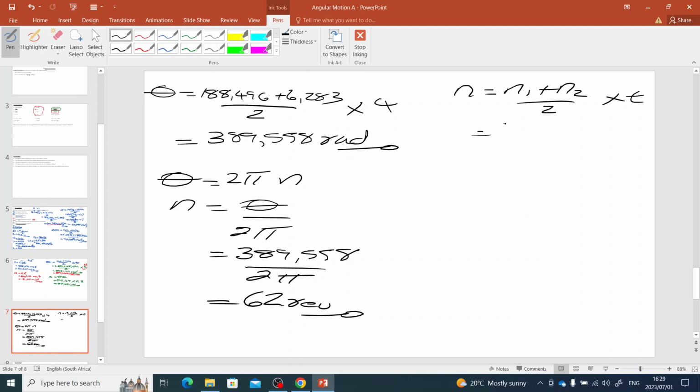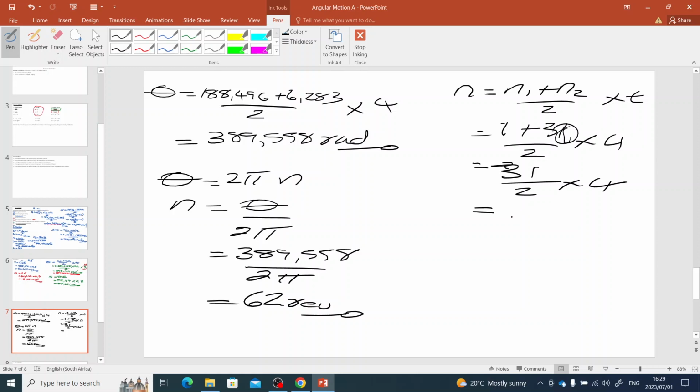Then you have (1 plus 31) divided by 2 multiplied by 4. This is 32, not 31. It will be 31 divided by 2 multiplied by 4. You will get your answer as 62.